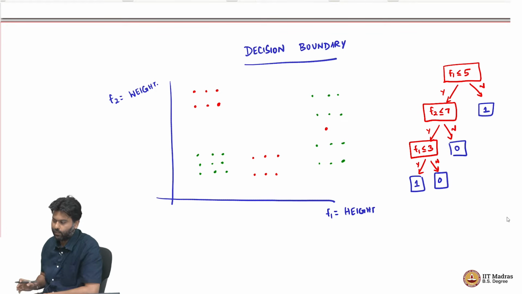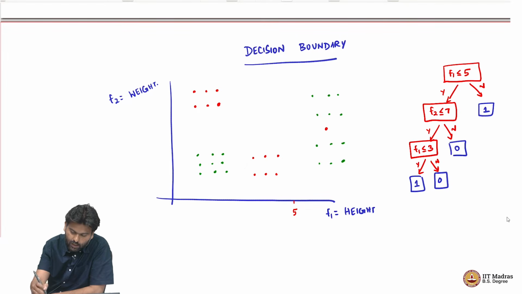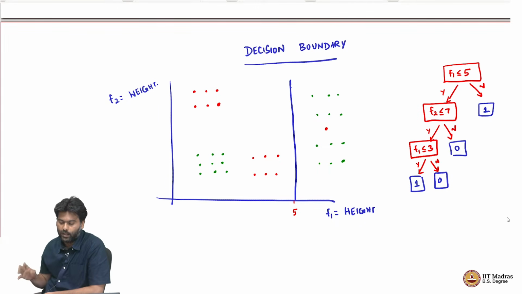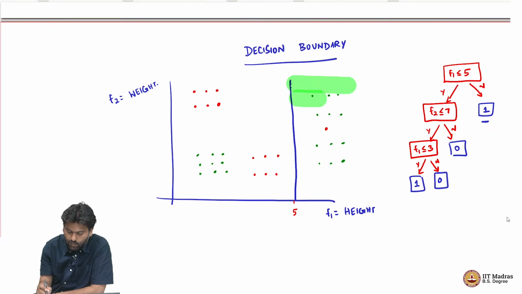Okay, so now what is happening here is the first question that you might ask is f1 less than or equal to 5, maybe this is the 5, which gives us the separation like this, right. So, we are separating into two parts, f1 less than 5 or f1 greater than 5. If f1 is greater than 5, then we are already deciding it is class 1, right. So, in this case we have already decided that it is class 1, let us say class 1 is the green class, right. So, the whole part we are saying it is green class.